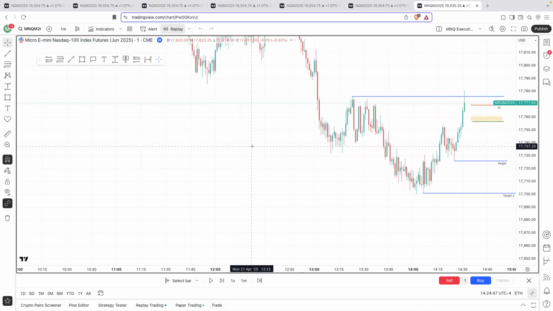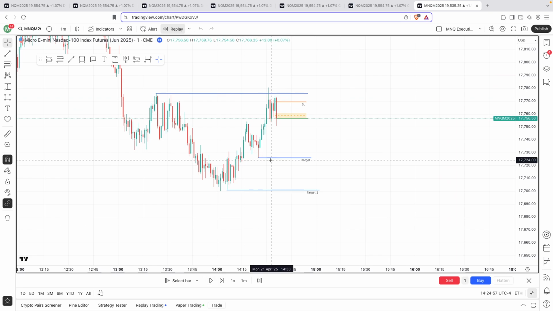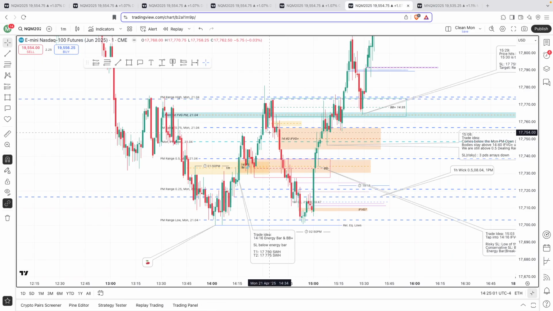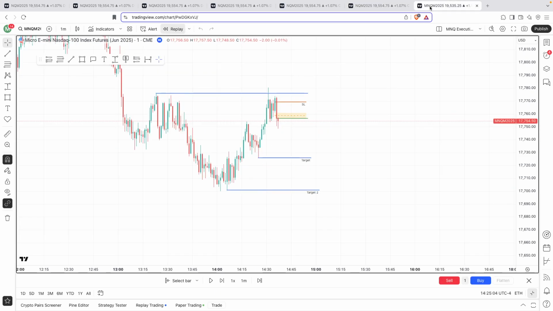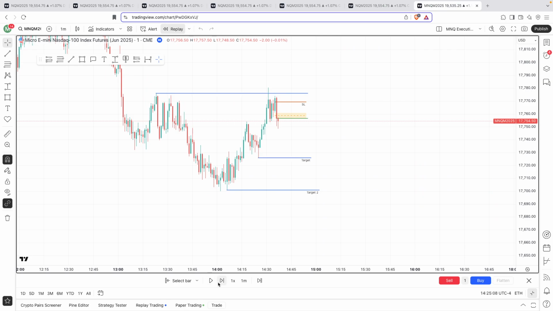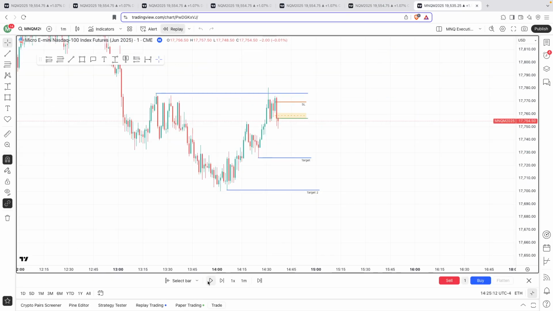So we see the turtle soup here. And here we see the fair value gap forming after it showed this week. Yeah, so now it's going to tap into that.